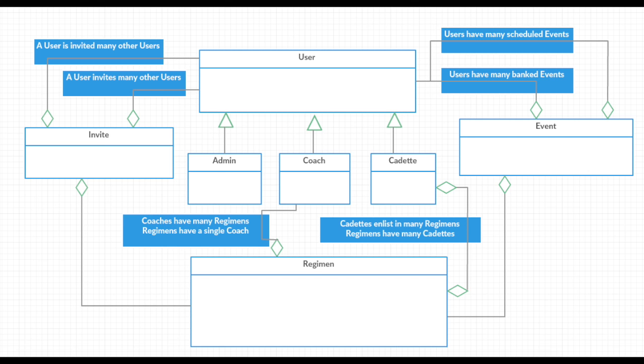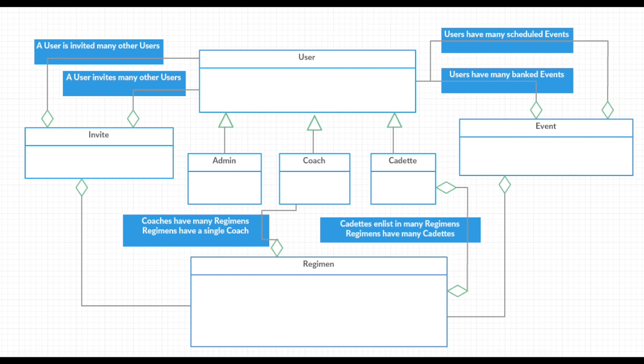So the idea is that a user will create a regimen, and when they do that, they become a coach. But this regimen is something like go to the gym 4 days a week for the next month. Then other users can view this regimen and enlist in it, and they are the cadets. A coach doesn't have to enlist in their own regimen, but they can. And once they do this, the regimen will populate many events in their event bank.